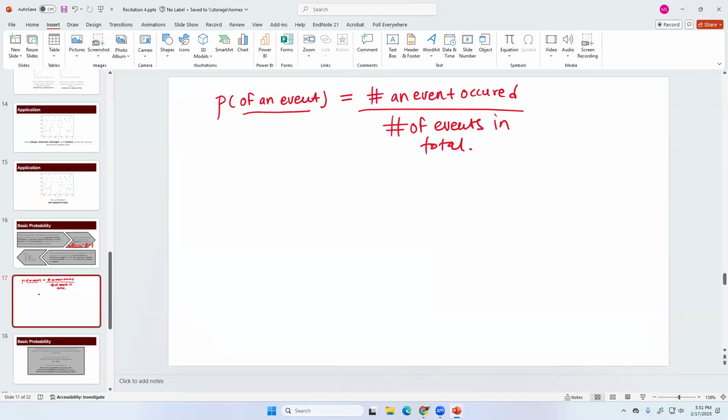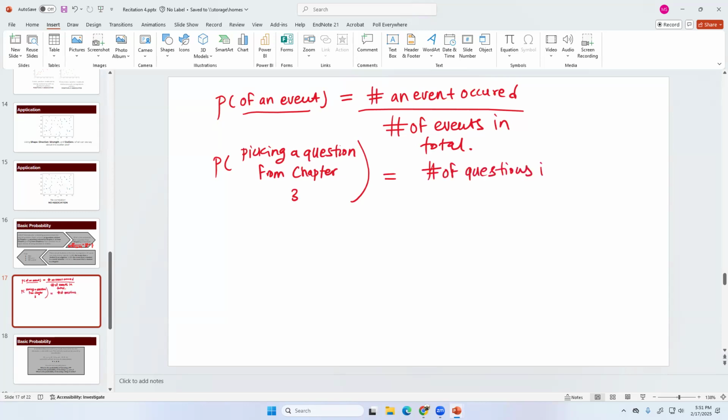The event here is picking a question from chapter 3, right? This is the number of questions in chapter 3 divided by the total number of questions.